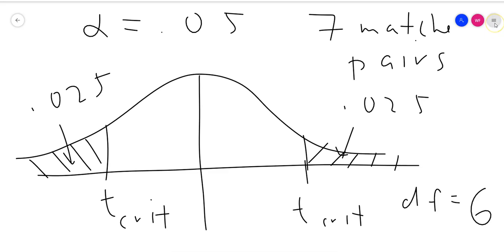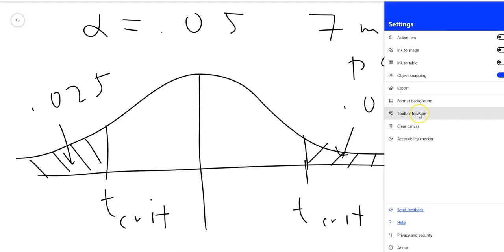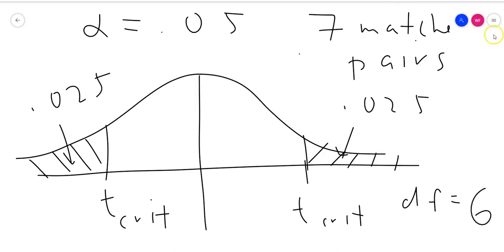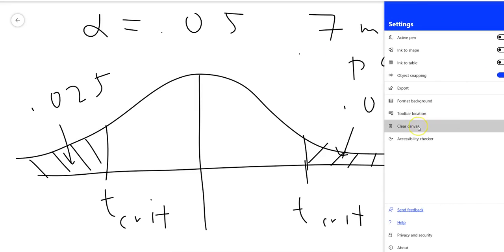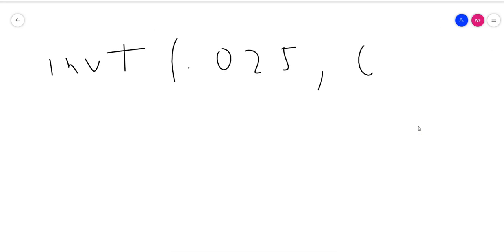So on the calculator, I can figure out what those critical t-values are. Let me write it down on the board here. It's going to be inv_t, the area to the left is 0.025, and the degrees of freedom are 6 because the number of matched pairs was 7. The degrees of freedom is always 1 less.